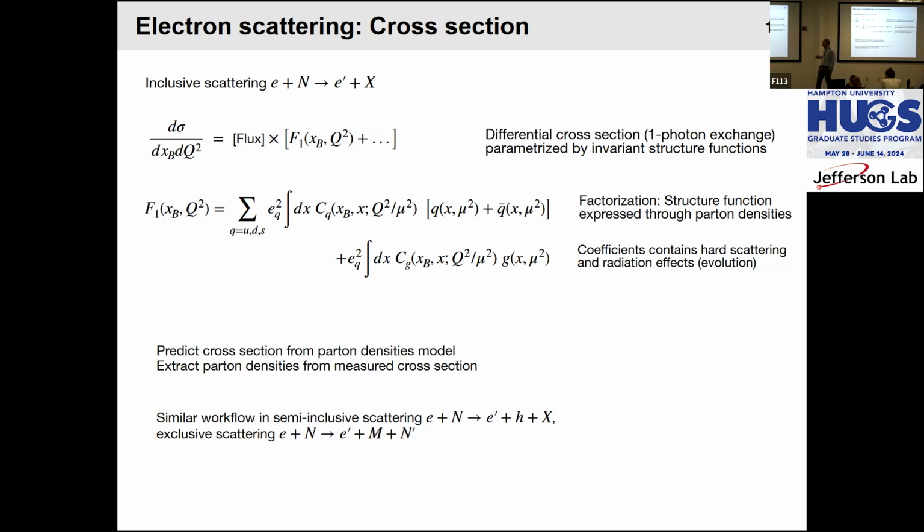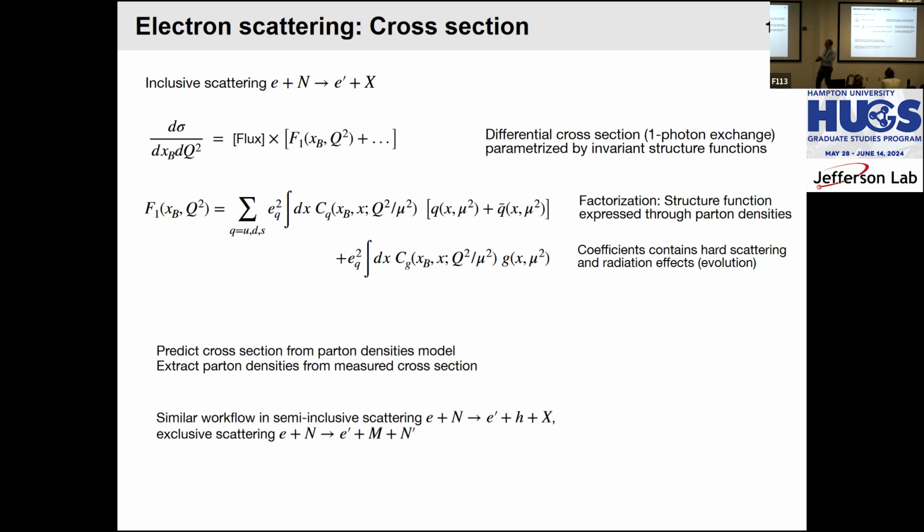It's a very good question. The scale dependence goes away because, in this way of writing the formula, the scale dependence of the parton density and the scale dependence of this function C are exactly the same. They're described by the same evolution equation.